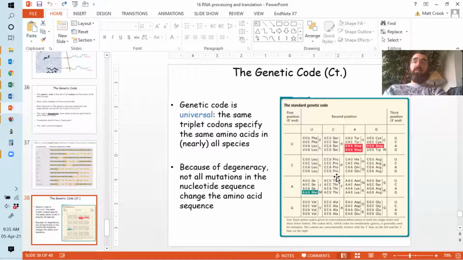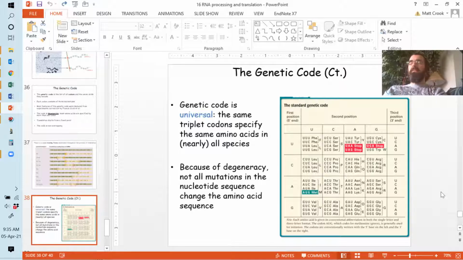The result: nothing. CCG and CCA are both recognized by tRNAs that carry proline. So even though a mutation has occurred, and there is a base difference between those two sequences, the amino acid sequence does not change.